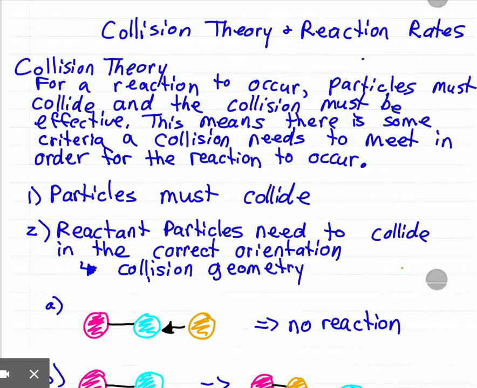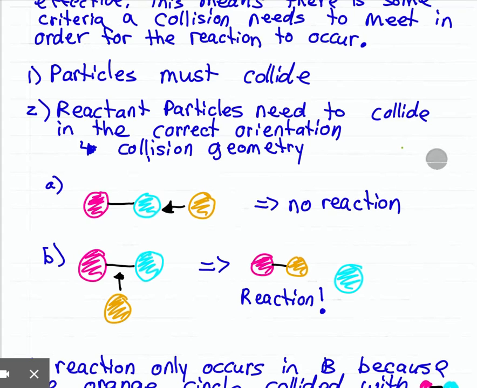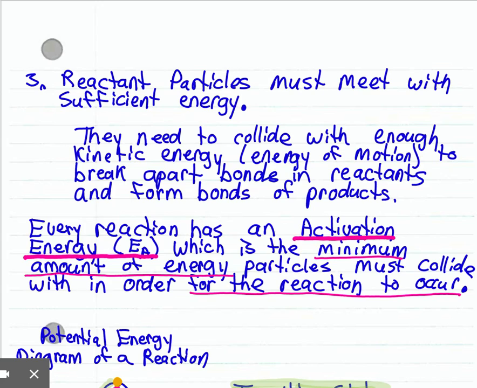So yesterday we talked about collision theory and how, in order for a collision to be effective, your particles have to collide. They need to collide in the correct orientation, which is called collision geometry, like we see here, and they have to collide with enough energy to break apart the bonds in the reactants and form the bonds in the products.